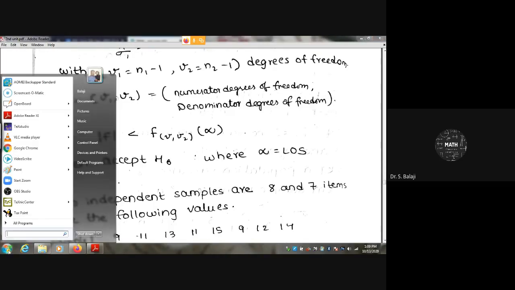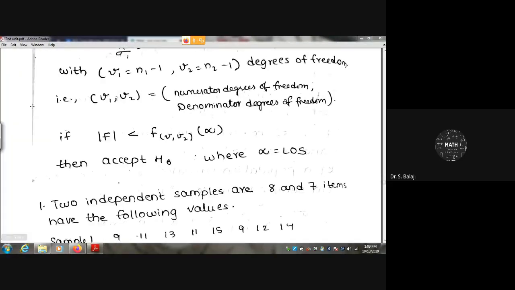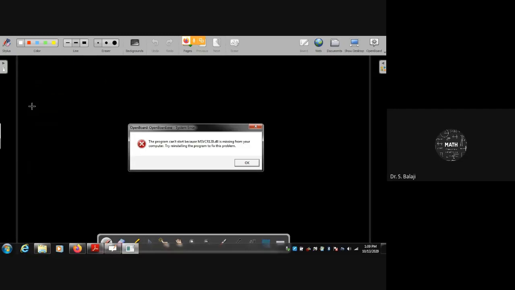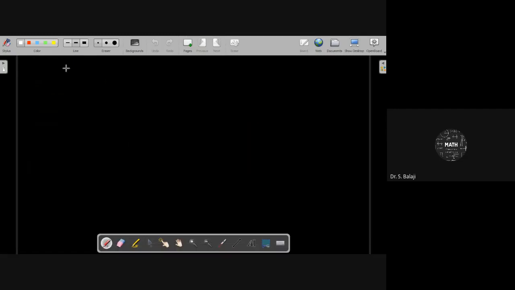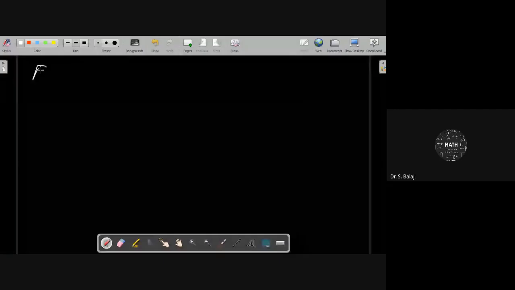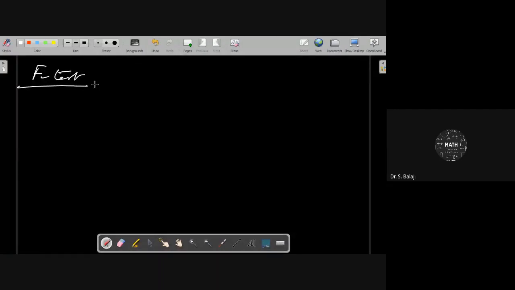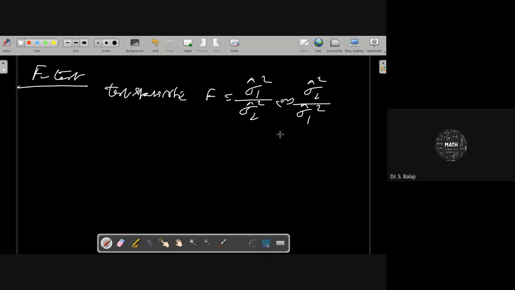You have to remember that the test statistic for the F test will be F equals sigma 1 cap square divided by sigma 2 cap square, or sigma 2 cap square by sigma 1 cap square, depending on which one is greater.